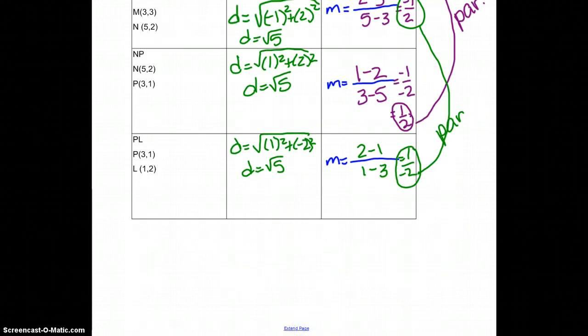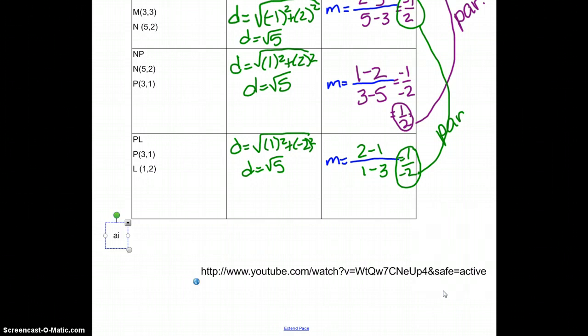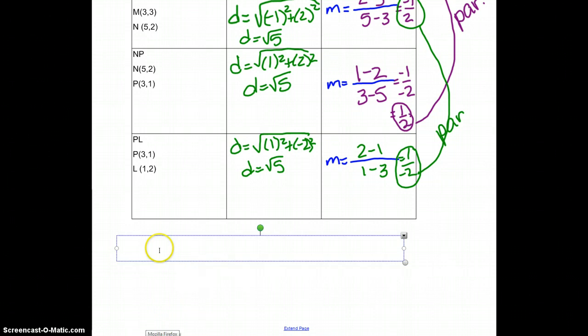So if I'm looking at this argument and making kind of my list here, I'm going to make a list of what I have. I have 2 pairs of opposite and parallel sides.